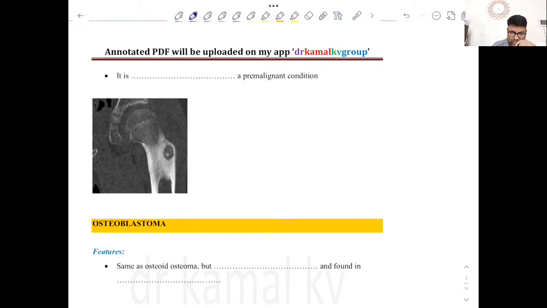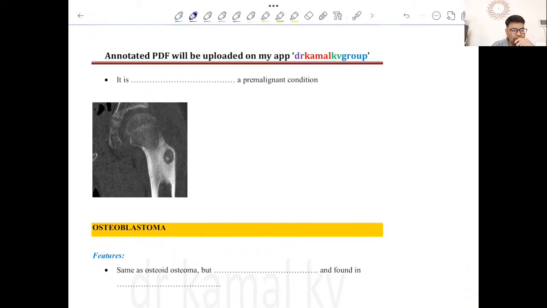If we take it in an X-ray, this is a classical X-ray of osteoid osteoma, and what you can see here, this is the cortex, the white area, and in between is the medulla, or what we call the medullary cavity.